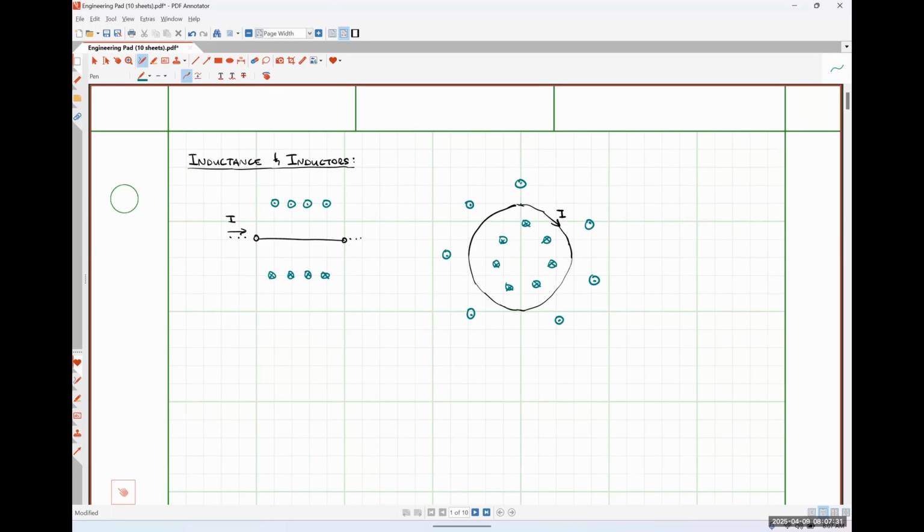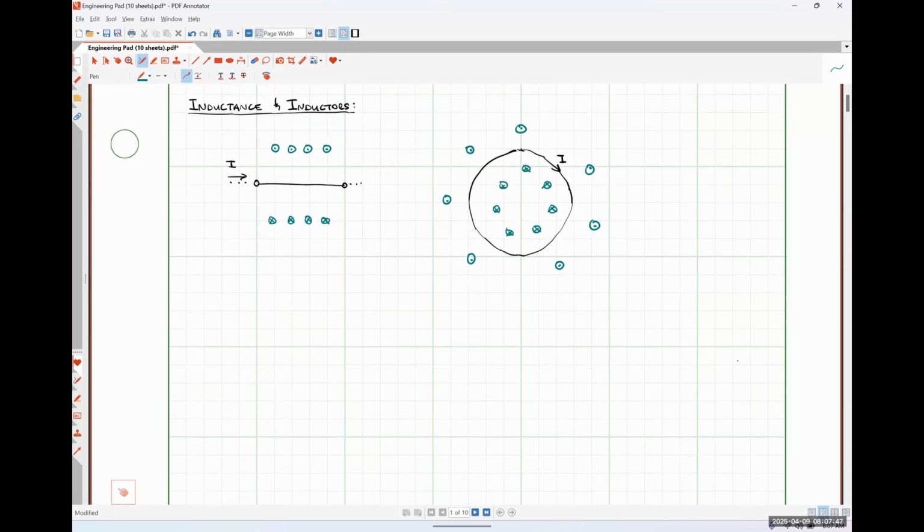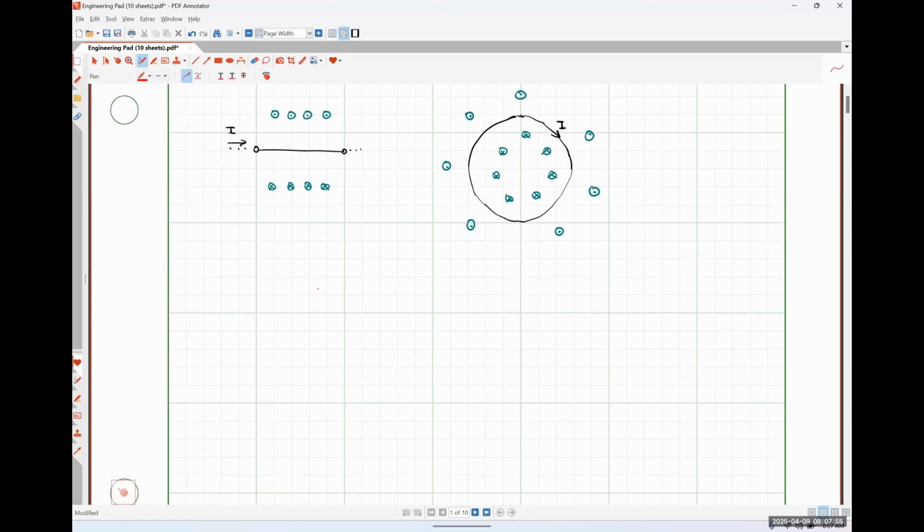So the reason why I'm bringing these concepts up is because an inductor is nothing more than a coil of wire. So we can treat it as if it is just a stack of those rings up on top of each other, okay? So let me put this in a more illustrative context, okay? So let's say that I have some material, and this is what I'm going to call my core material.